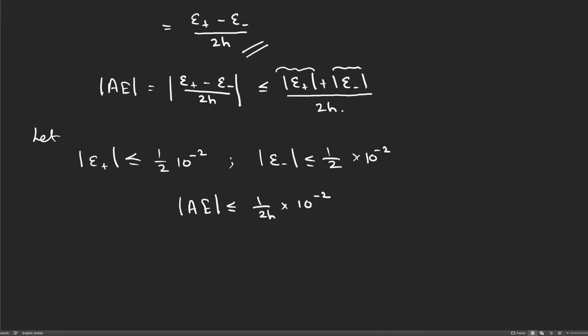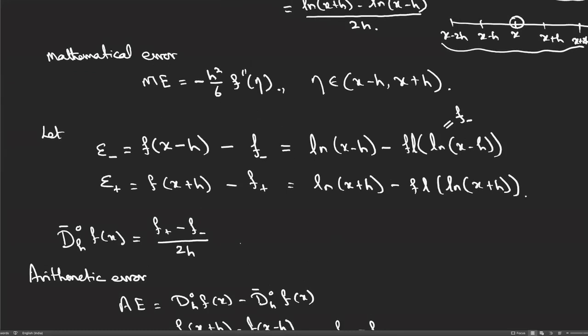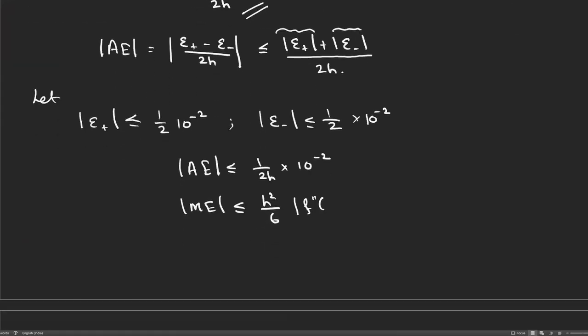Similarly, we can also get the upper bound for the mathematical error, which can be written as h square by 6 mod f double dash of, what is the notation we have used? We have used eta here. So let me just use the same notation, eta, right?